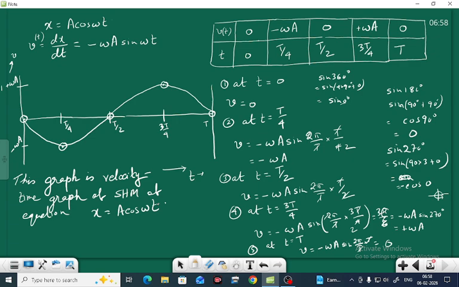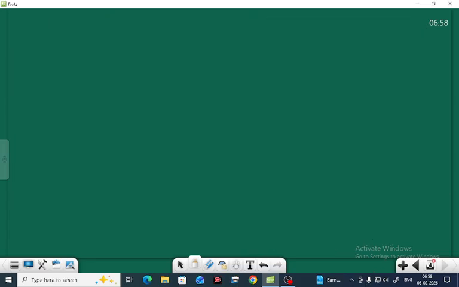Now we'll find the graph of acceleration, so we'll take another page and find the acceleration.